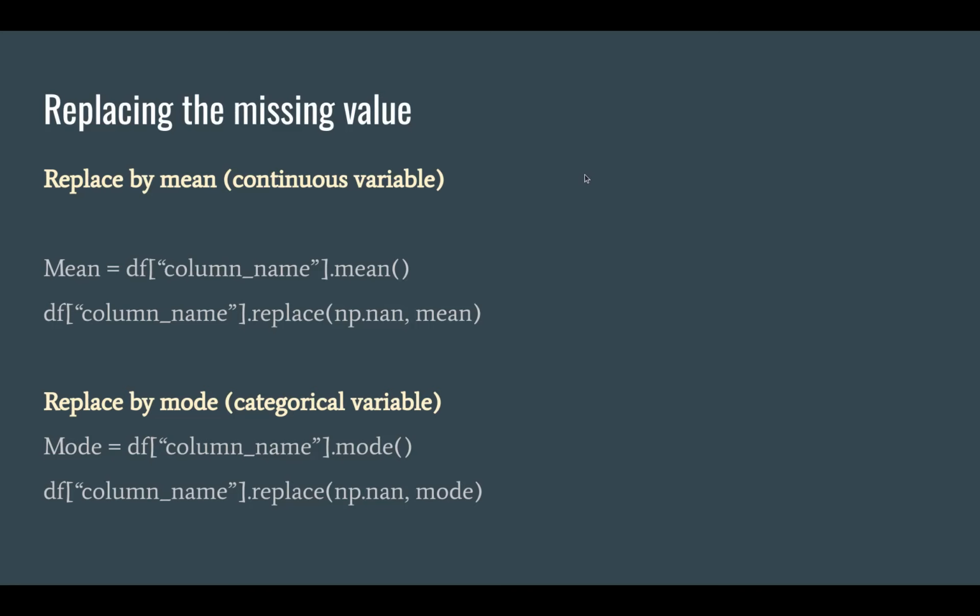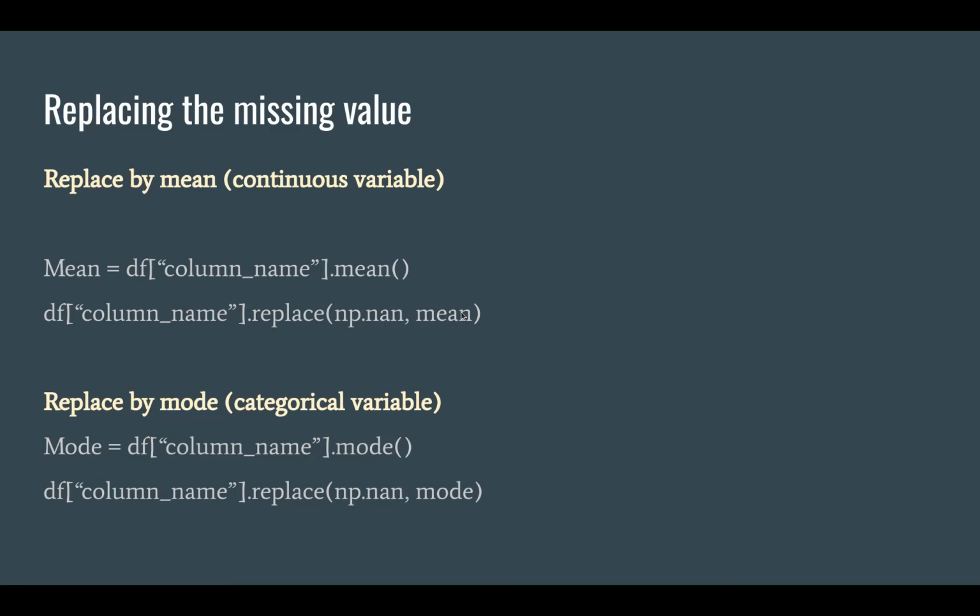So in Python, you can first calculate the mean of the column, then you will use the method replace to specify the value we would like to be replaced as the first parameter, in this case, NaN, and the second parameter is the value we would like to replace it with. So here it will be the mean.